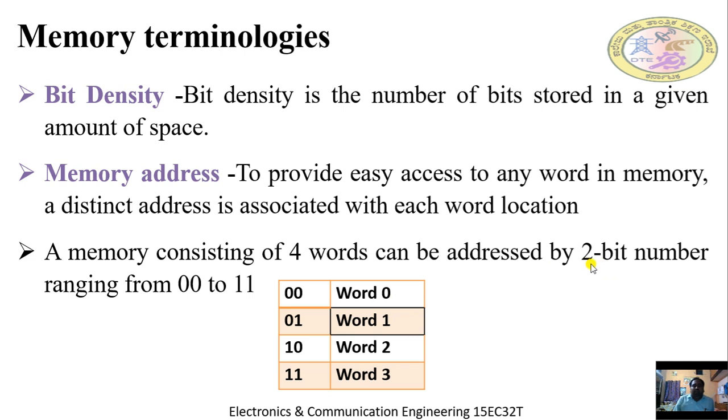With a 2-bit memory address, I can have 4 unique combinations that range from 00 to 11. 00 is the memory address used to access the word 0 location. 01 is the unique address used to access the word 1 location. Similarly, 11 is the unique address used to access the last word, that is word 3 location.